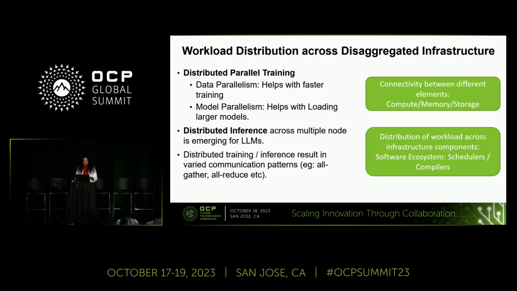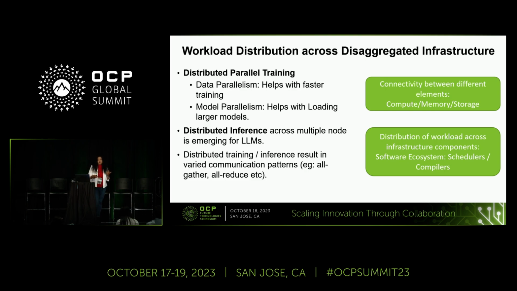The second is we do need to distribute these workloads across the different infrastructure components. And for that, we require some kind of a software ecosystem, which consists of innovative schedulers and compilers, which can be used to distribute these workloads over our disaggregated infrastructure.